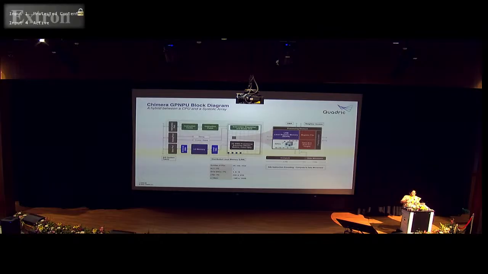So there is a hierarchy of memories that we have, and that poses another level of problems for the compiler. We are scalable from 1 TOPS to 860 TOPS depending upon how many PEs we have and how many such cores we have in the multi-core processor.